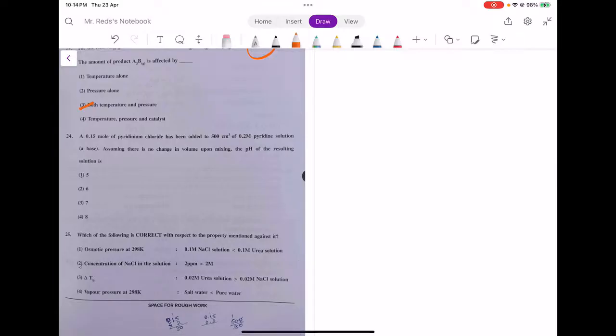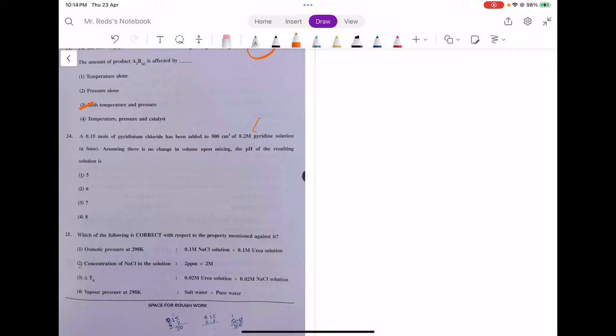0.15 mole of pyridinium chloride has been added to 500 centimeter cube of 0.2 molar pyridine solution. Pyridine solution is the base. Assuming there is no change in volume upon mixing, find the pH of the solution.